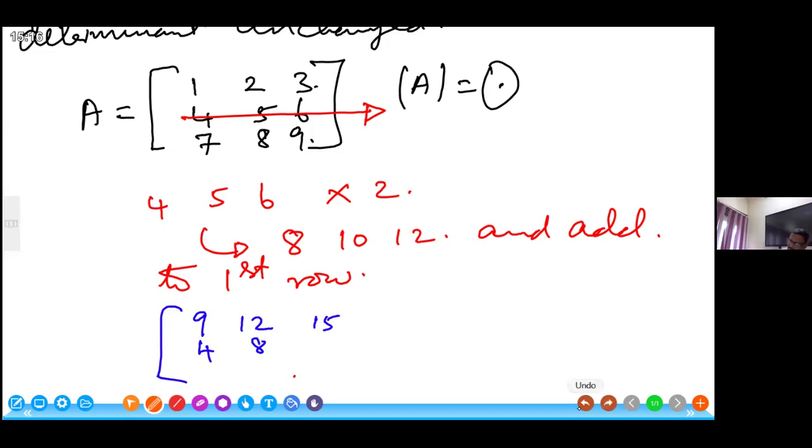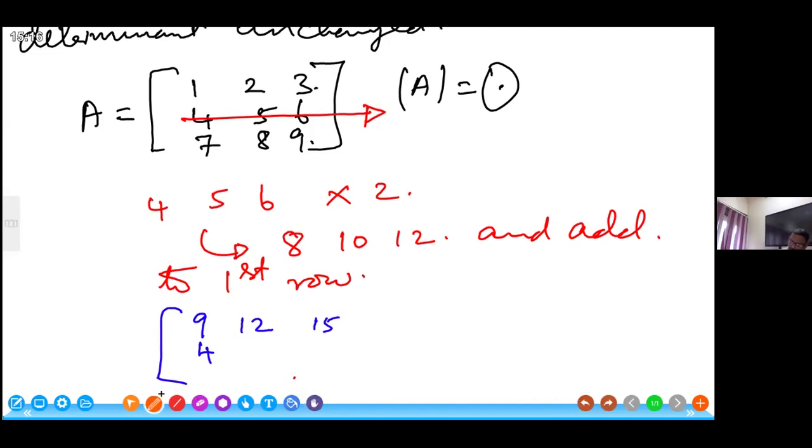Second row remains as it is. So this is my new matrix. Can you find the determinant of the new matrix B?